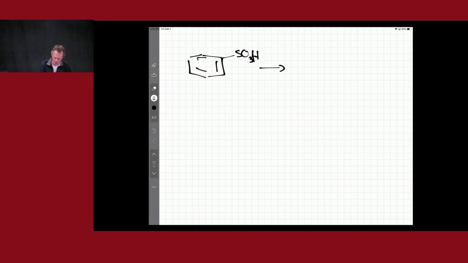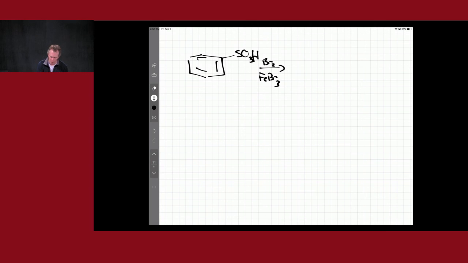Okay. So now we're going to halogenate. And the incoming bromine could go either ortho, meta, or para to the benzene sulfonyl group.